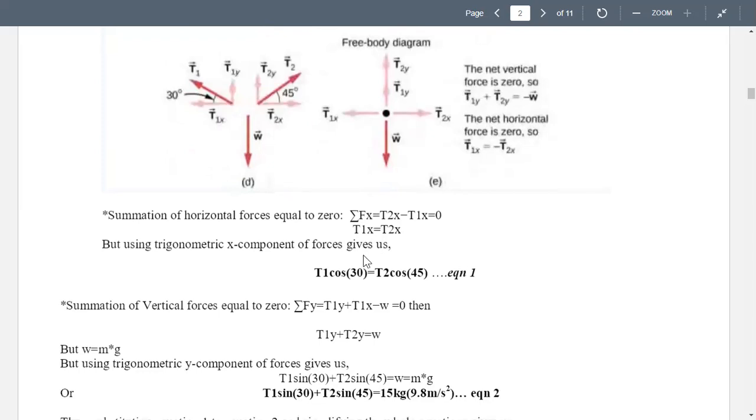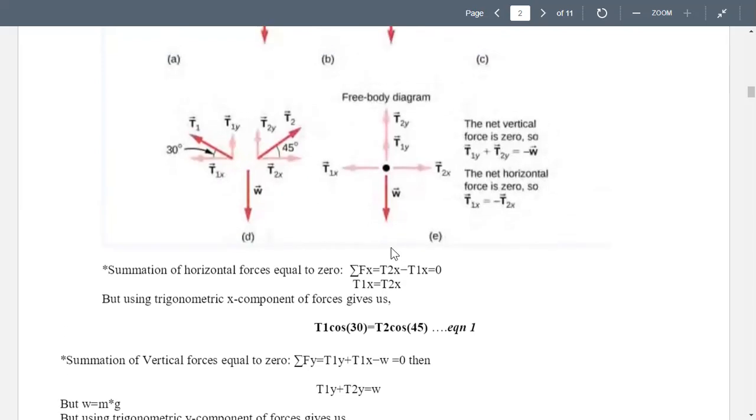Further simplifying the x components of the first and second cables, we're going to use trigonometric identities. For the x component of your first cable, since we are given the angle, and this is the adjacent side and T1, the tension one here, is the hypotenuse, we get T1x in terms of the angle and the hypotenuse using cosine.